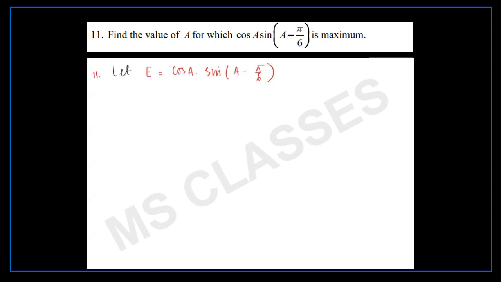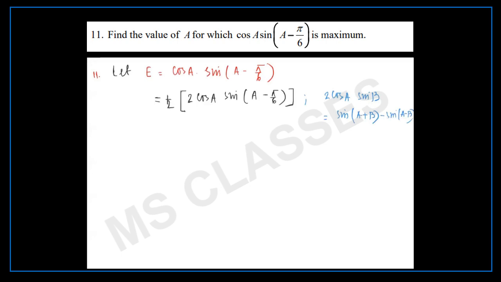Since it is cos A sin B format, but a 2 is missing, we take a half here and multiply by 2. So it is half of 2 cos A sin(A - pi/6). In accordance with the formula, 2 cos A sin B is sin(A+B) minus sin(A-B). We are just going to apply this formula.